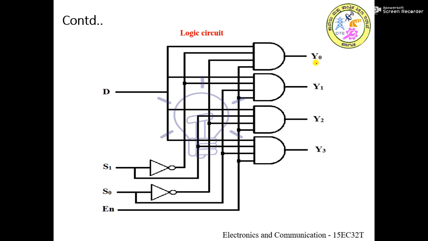So this is Y0, this is for Y1, Y2 and Y3. The enable pin goes as a common input to all the AND gates here. You can see this is the first AND gate, this is the second AND gate, this is the third AND gate, and this is the fourth AND gate. Each AND gate is a 4 input AND gate.